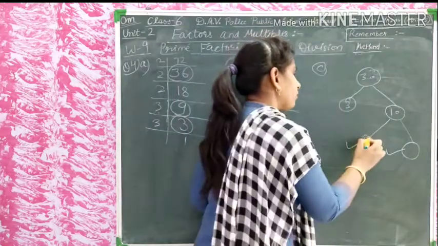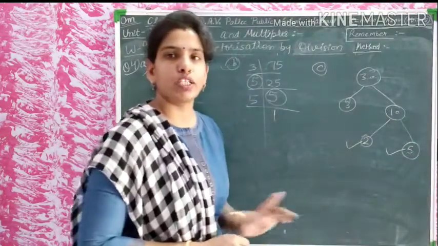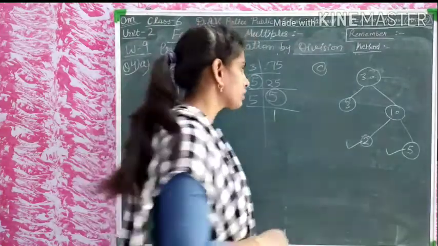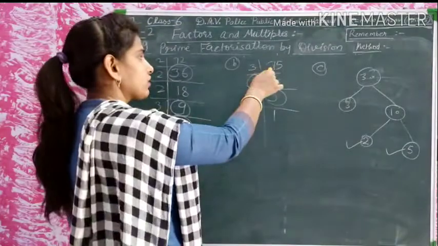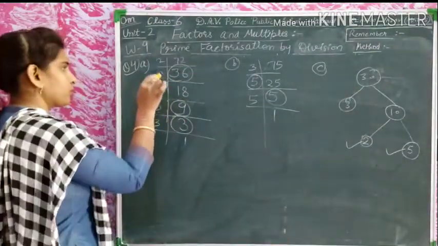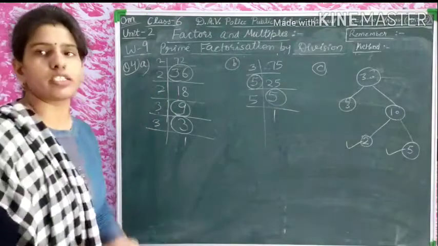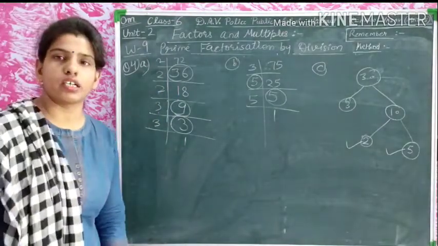Now it will be divided by 2. 2 5s are 10. It means these are the factors. So the prime factorization is 3 into 2 into 5. Prime factorization of 75 is 3 into 5 into 5. Prime factorization of 72 is 2 2 2 3 3. Is it clear students? These are the fill in the blanks. And this completes worksheet 9.